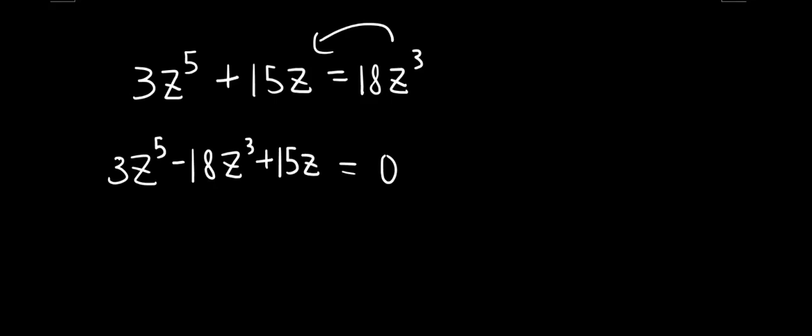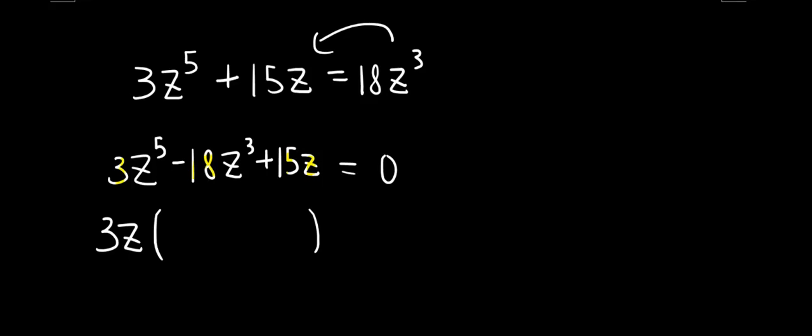All right, double check all the sign changes. Everything is good. Okay, if everything's good, we're going to factor out a common monomial that is 3z, not just 3, 3z. Why? Because the lowest one is z to the first power, and all these coefficients, they all have 3's. So I factor out a 3z.